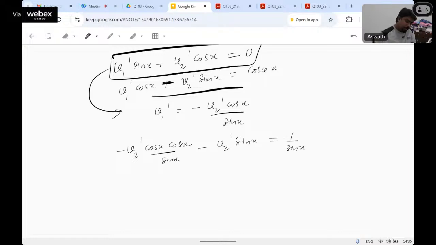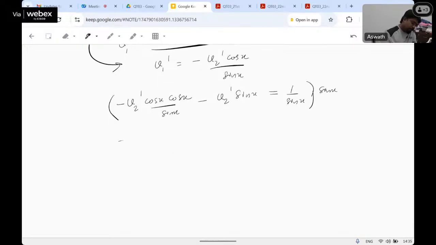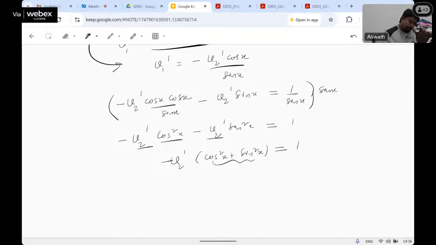Let's multiply this entire equation by sin x. What happens is minus v2' cos squared x minus v2' sin squared x is equal to 1. So let's take v2' and the minus sign common. I'll get cos squared x plus sin squared x, which is 1, by the way.